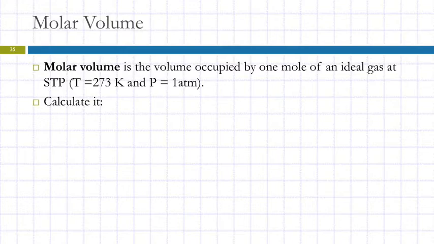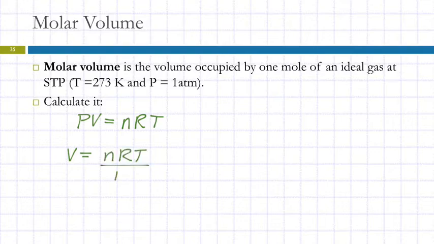So to calculate the volume of 1 mole of gas at STP, we're going to use the ideal gas law. So the ideal gas law, PV equals nRT. We want to find the volume. So we rearrange the equation. The volume equals nRT over P. So the amount of gas is 1 mole.